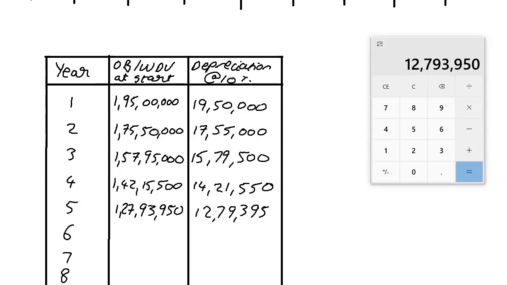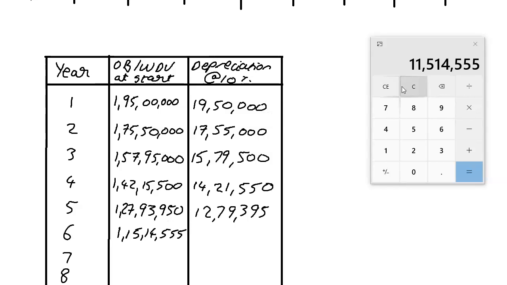Like it or not, next year we're going to enter a decimal point for depreciation, which I'm just going to round up to the nearest rupee. Right? Dealing with decimals is painful. So we are talking about subtracting 12,79,395. Okay, which gives us 1 crore 15 lakhs 14,555.